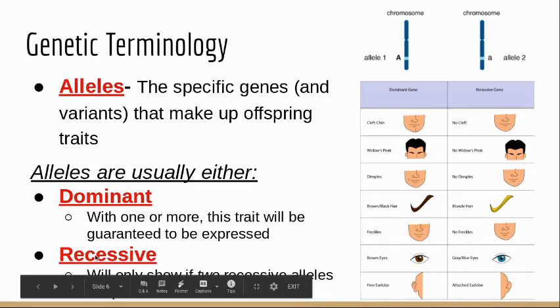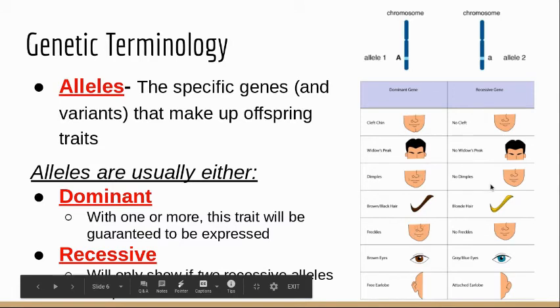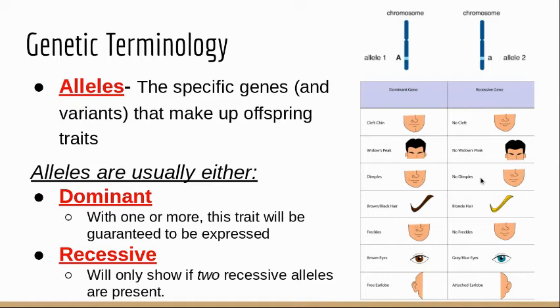The recessive allele, that lowercase letter, you need 2 recessive alleles in order to see the recessive trait. So if we're looking at dimples again, you need to have 2 lowercase letters in order to not have dimples. Otherwise, you have dimples. And again, you get 1 from each parent. That's why we have 2, 1 from each parent.